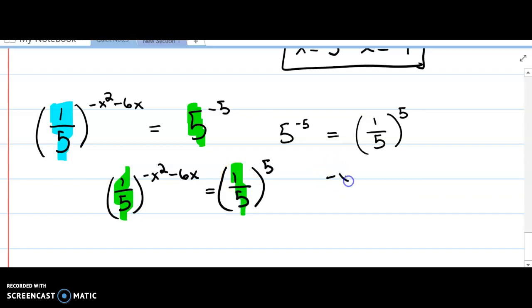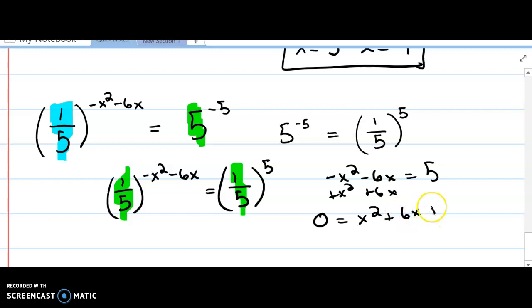So I have negative x squared minus 6x is equal to 5. I want to get one side equal to 0 to be able to solve, so I'm going to move the left over to the right. I'm going to add x squared, add 6x. Then I get 0 is equal to x squared plus 6x plus 5.